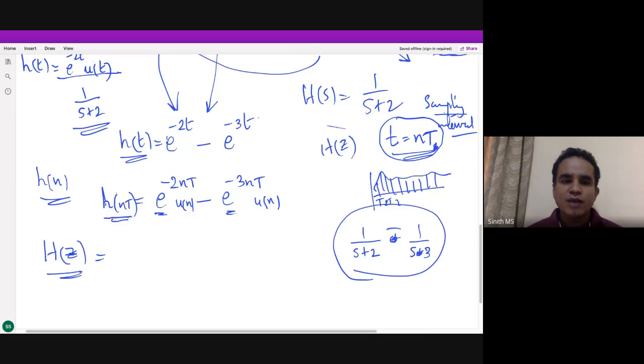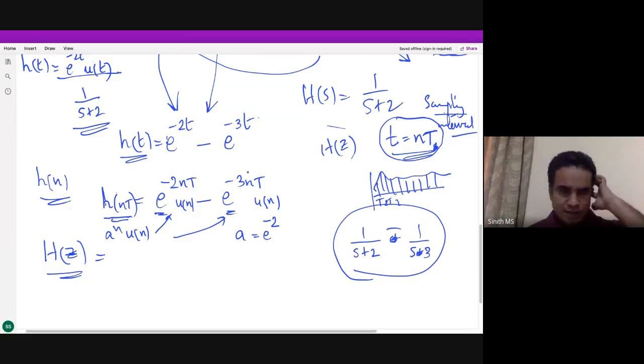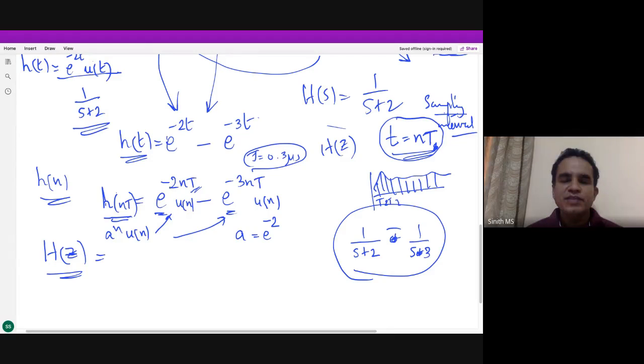This is of the form a raised to n u(n). You agree? These terms are of the form a raised to n u(n), where a is e raised to minus 2T. T is a constant sampling rate. It may be say 0.3 microsecond or whatever it is. It is a constant, so it can be combined with 2.